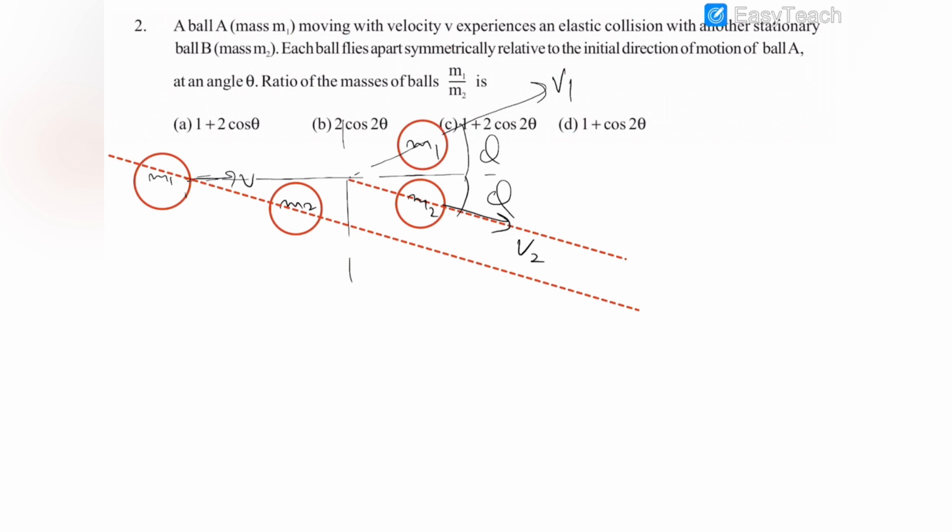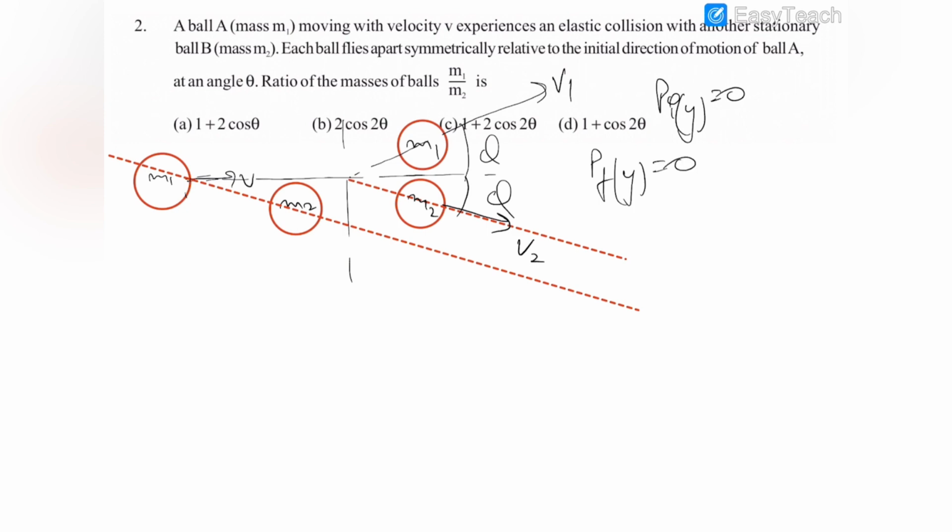You can see that this is an oblique collision, and therefore these balls are flying apart at some angle, and this is the line of impact. Ball B was initially at rest, so it would be moving along the line of impact. Let us first see that the initial momentum in the y direction was 0, and therefore the final momentum in y will also be 0.